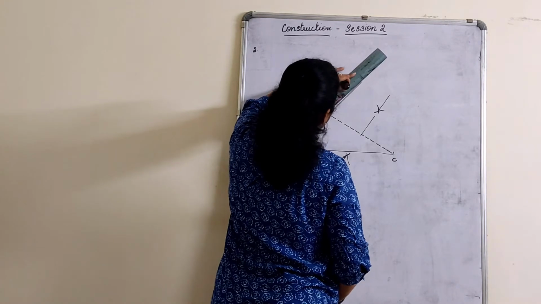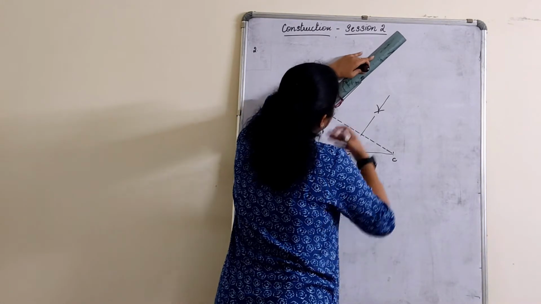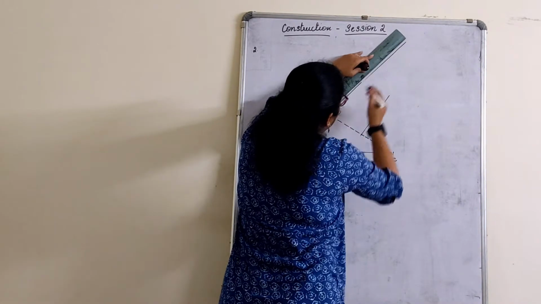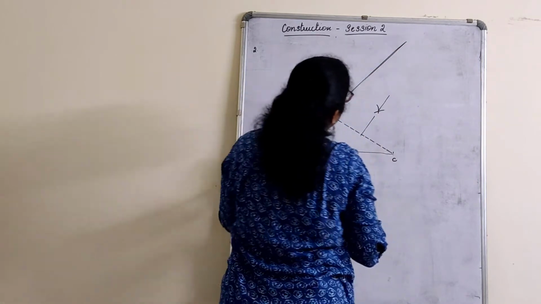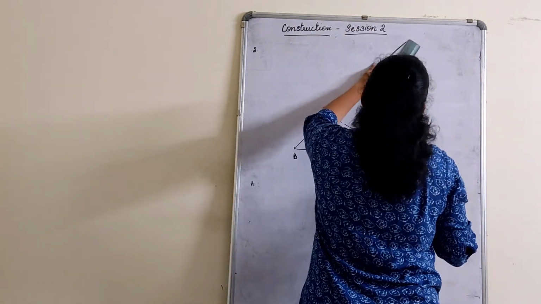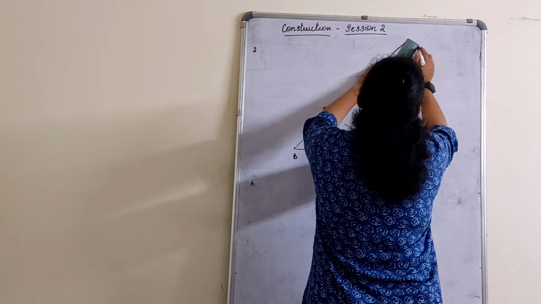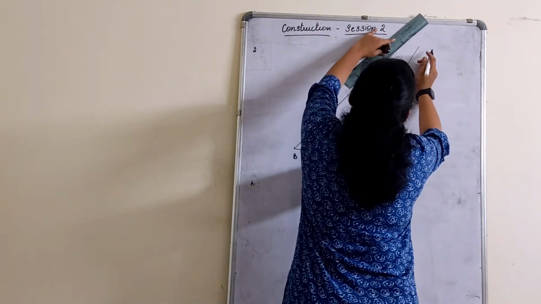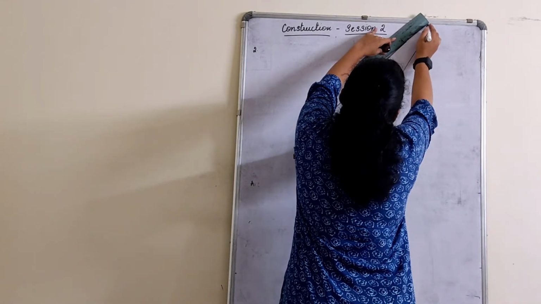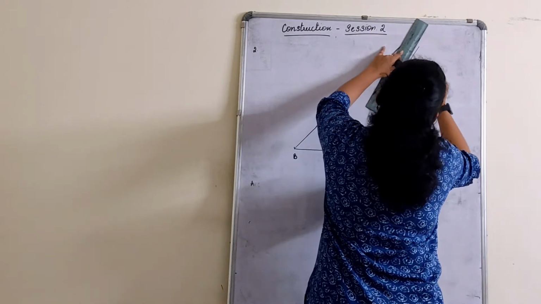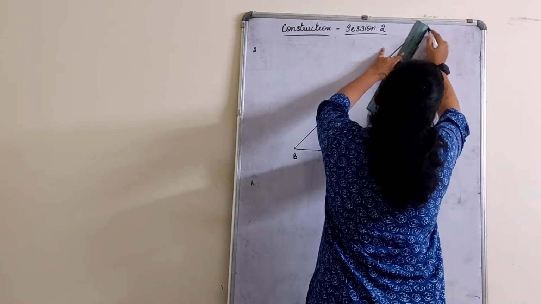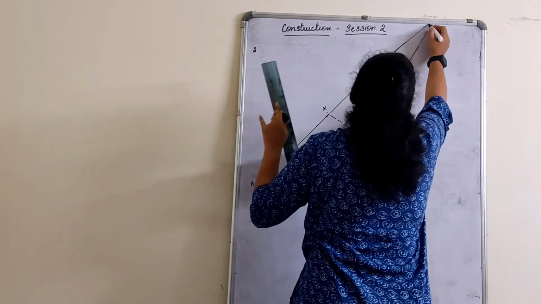Extend this triangle line now. Okay? Let me extend this triangle line. Let me also extend this part here. Actually, it is extending too much. This will not extend this much, children, unless your measurements are accurate.